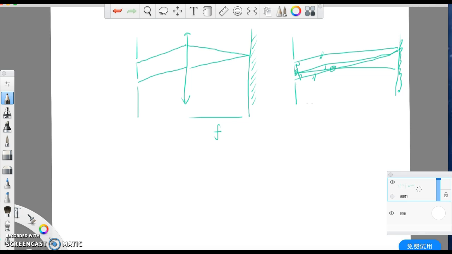This kind of triangle is very common in physics, in high school physics competitions. It's like an isosceles right angle triangle.